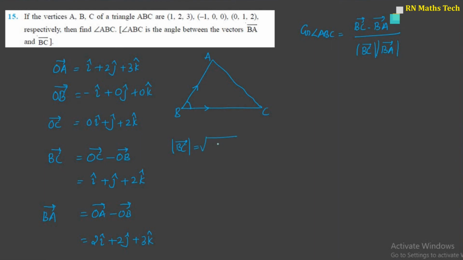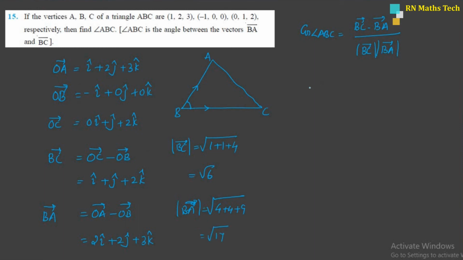Root of 1 plus 1 plus 4, root 6. Modulus of vector BA is equal to root of 4 plus 4 plus 9, root of 17.